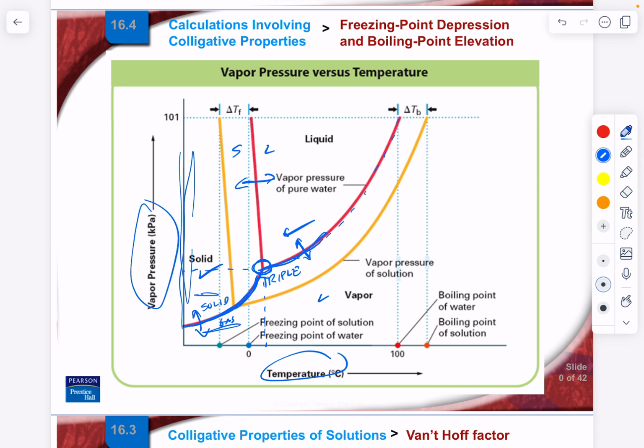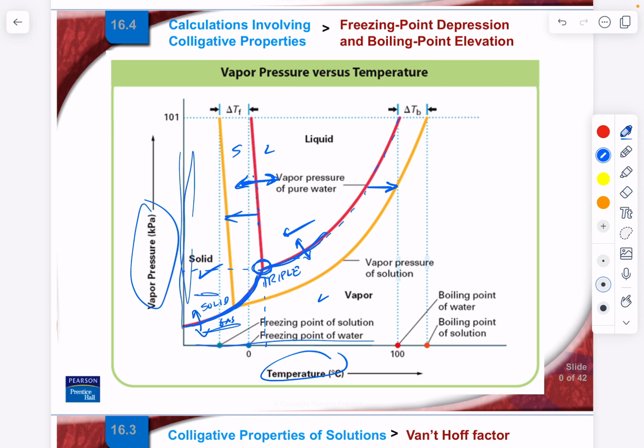If you're at this temperature pressure, anywhere along that line, your liquid is freezing, but also some of the solid is melting. Now, if you add a solute, you're going to notice that your boiling point is going to go up, and your freezing point is going to go down.